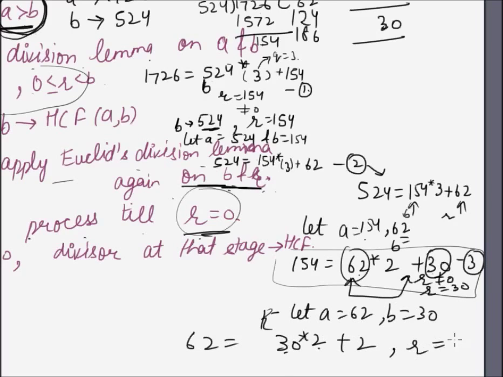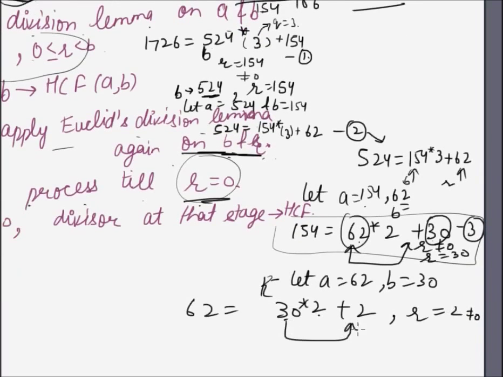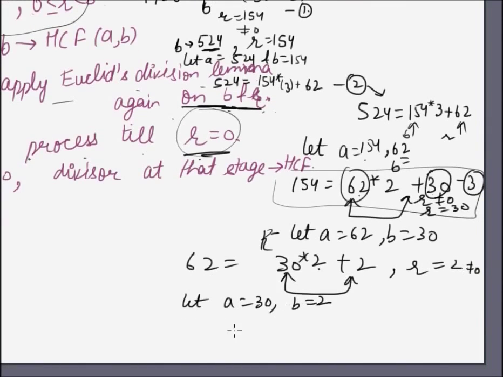Again R is equal to 2, which is not equal to 0. So apply Euclid Division Lemma on these two values. That is, let A is equal to 30 and B is equal to 2. We will get 30 is equal to 15 into 2 plus 0. Here R has become 0.